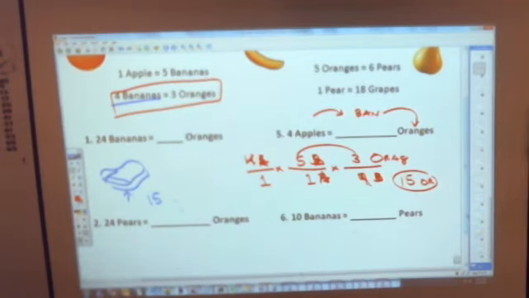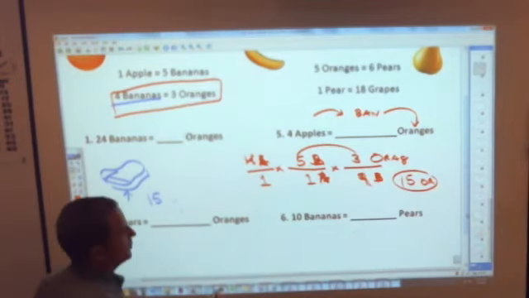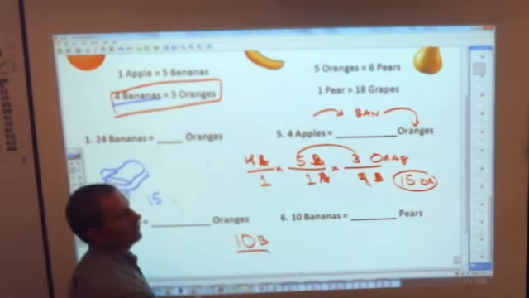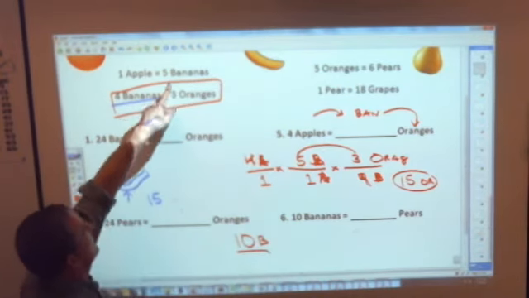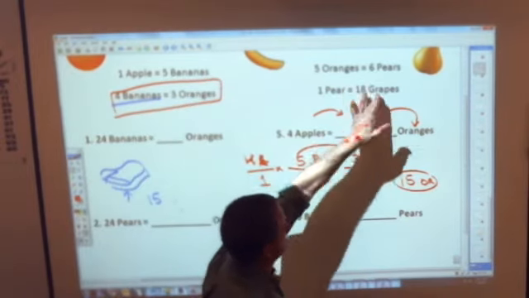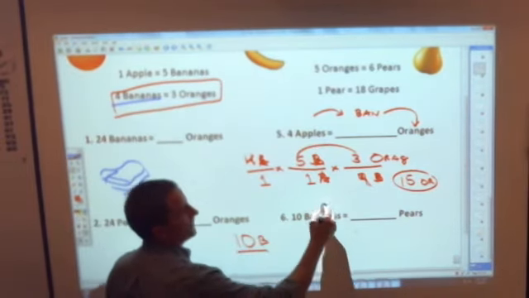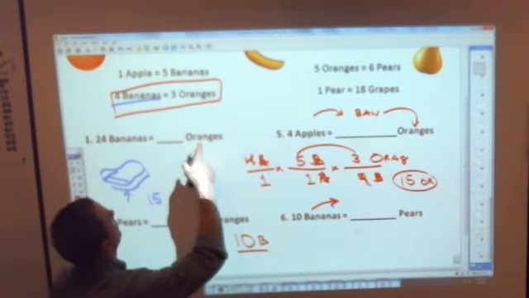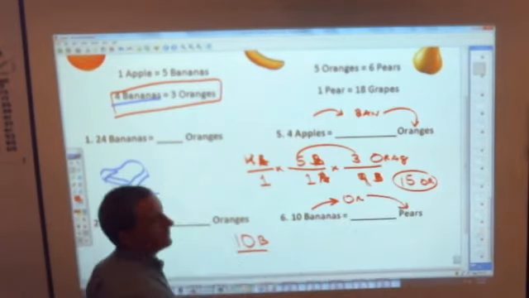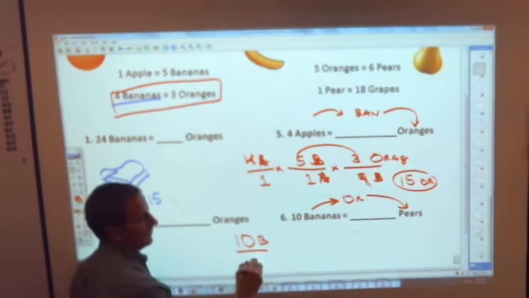Let's watch how quickly you can do this using unit multipliers. What am I gonna do? I need to get from bananas to pears. It looks like it goes from bananas to oranges, and then from oranges I can go to pears. So I'm gonna need two conversion things.